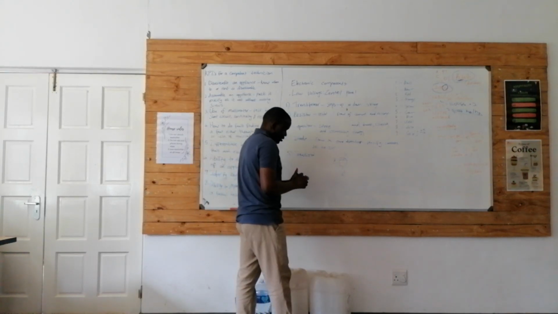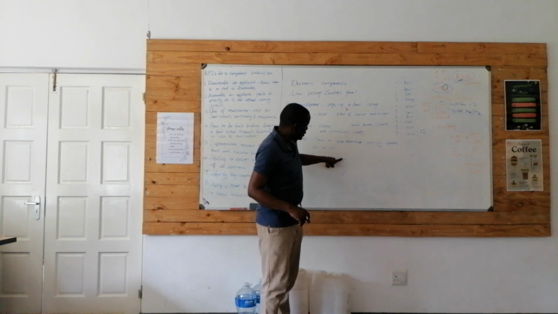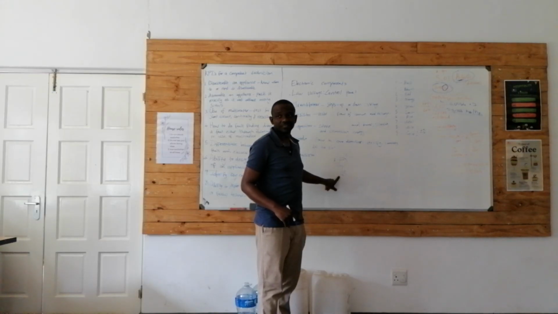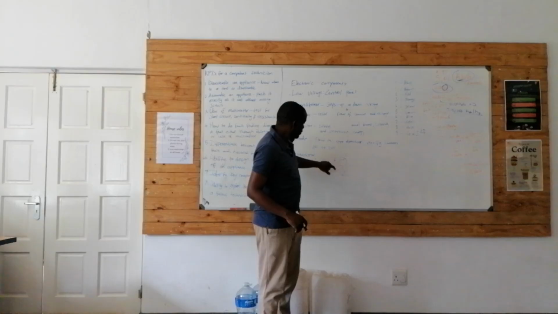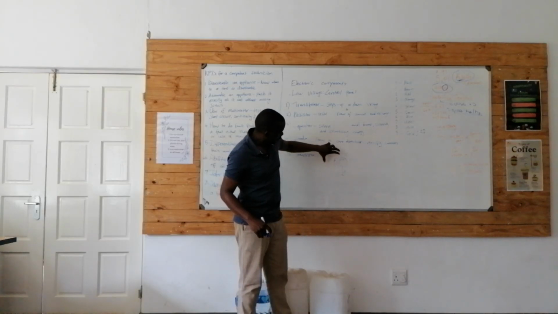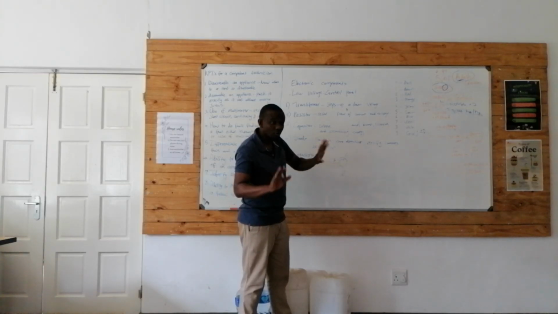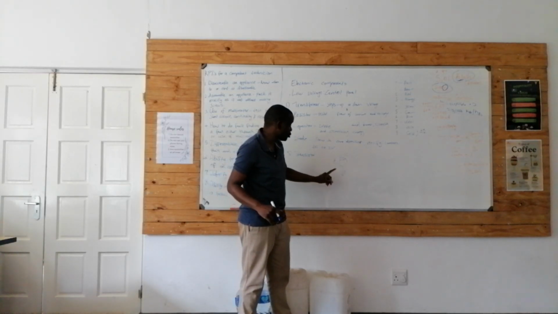One side is called a collector, the other side is called a base, and the other side is called an emitter.